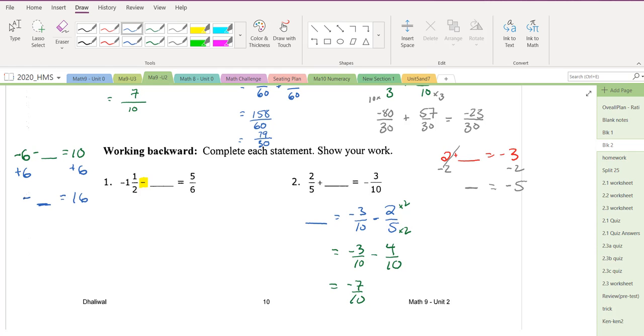Right? I see some people shaking their heads. Other people, Jessica? Yeah, right? So this is where this negative out front comes into play. So our negative blank is equal to 16. Our blank is equal to -16.